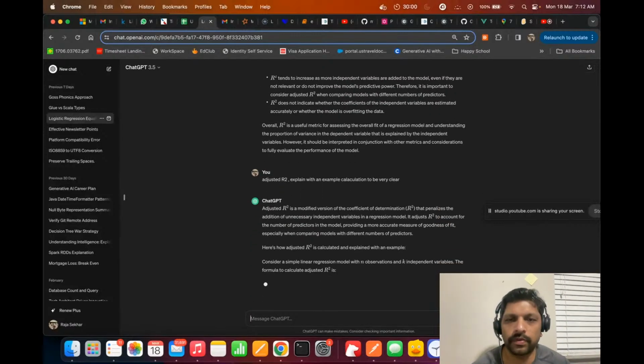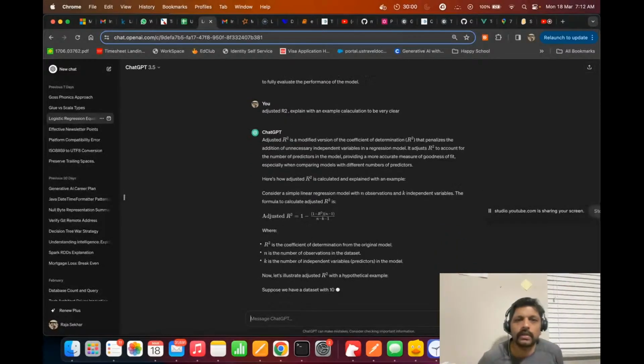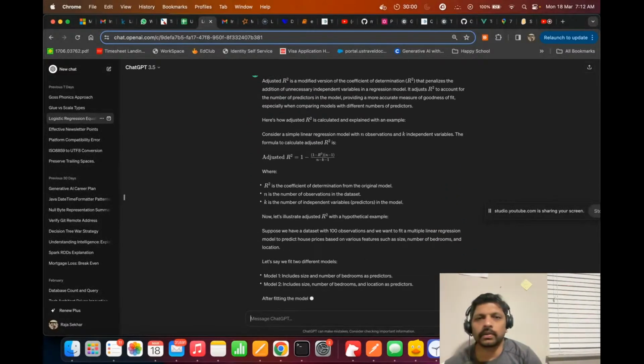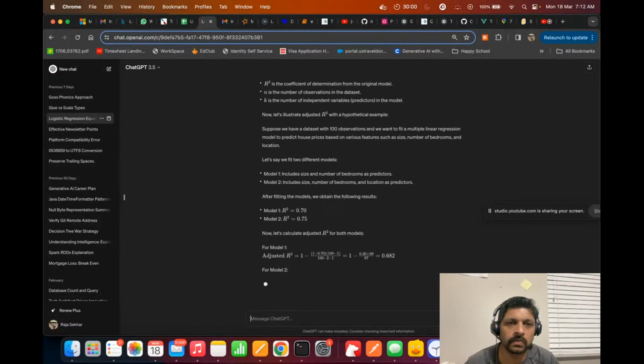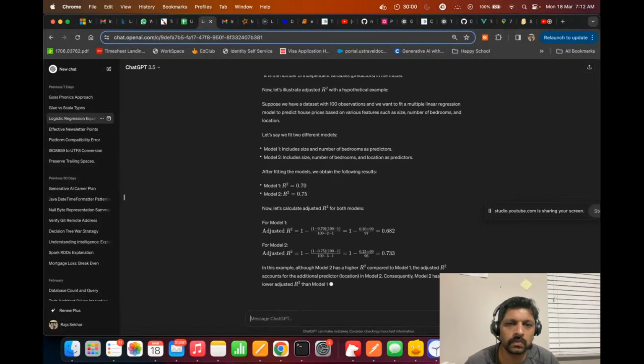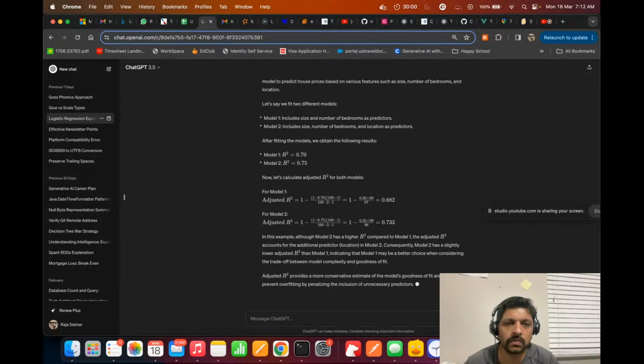Version of the coefficient of determination, R square. Never mind. Model of 0.5 and 0.75.